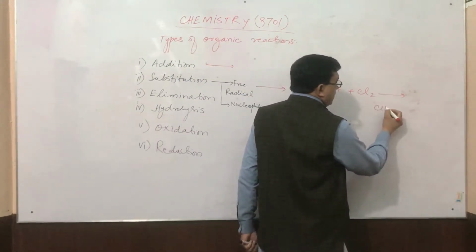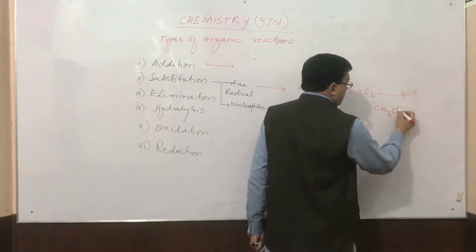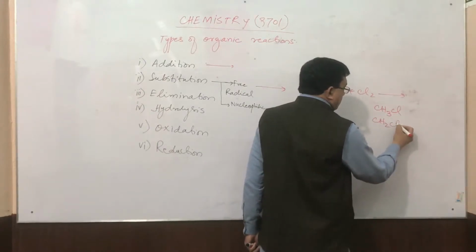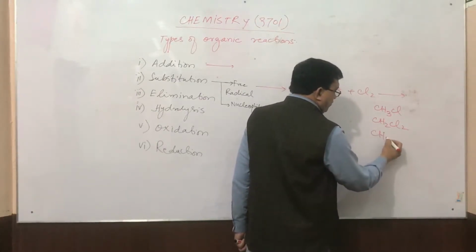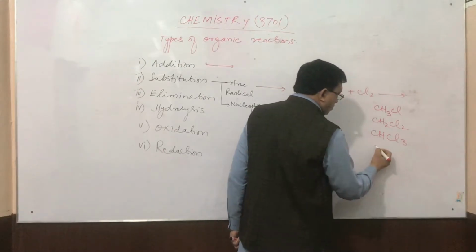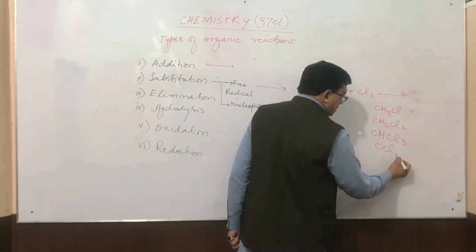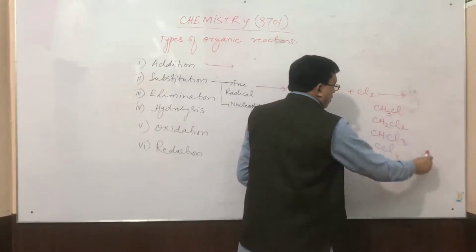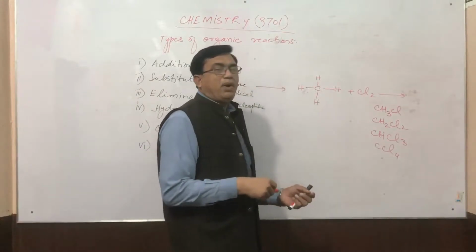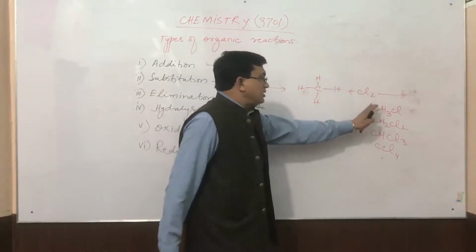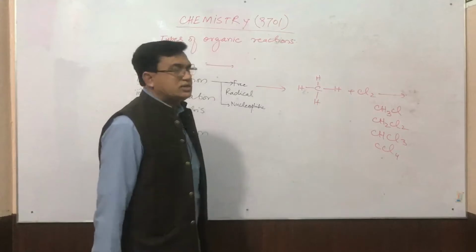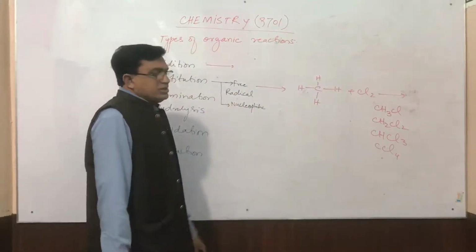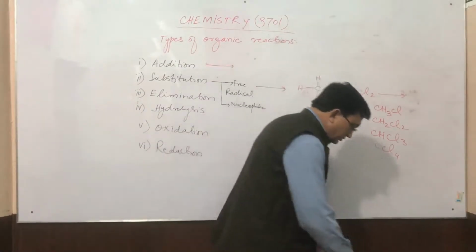For example, we get chloromethane, then we get dichloromethane, then we get trichloromethane, and finally we get tetrachloromethane. A mixture of different organic compounds is obtained as a result of this free radical substitution reaction. The second is nucleophilic substitution reaction.